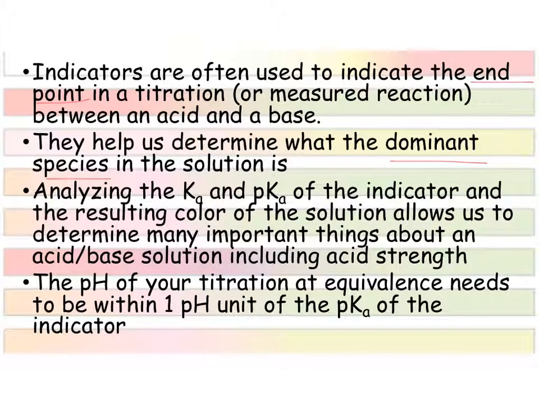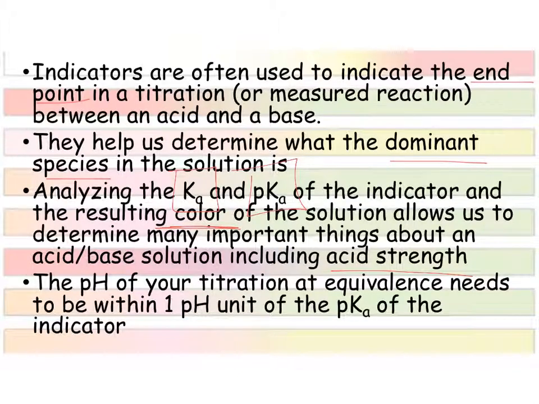So analyzing the Ka and pKa as well as whatever the color of our solution is going to allow us to tell a bunch of things about the particular solution, dominant species, the strength of it, etc.